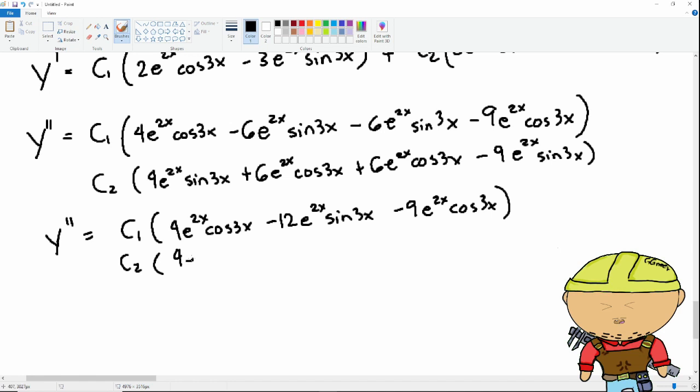Next is C2, it's sine 3x: positive 12 e to the 2x cosine 3x minus 9 e to the 2x sine 3x.